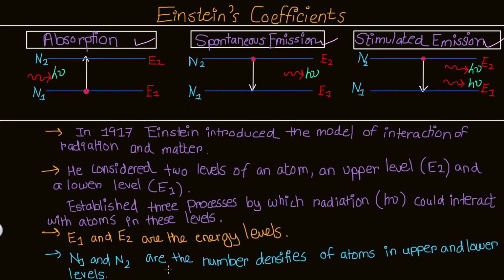N1 and N2 are the number densities of atoms in the lower and upper levels. So now I will basically move on to explaining the mathematical relationship between these, which includes a bit of maths and calculation. So let's go and check that out.